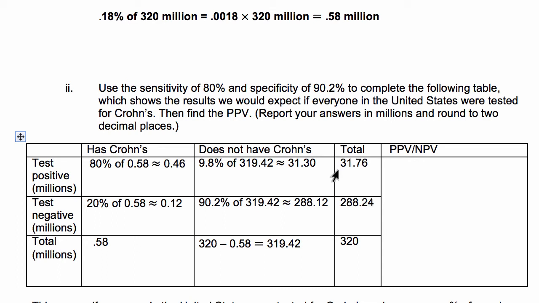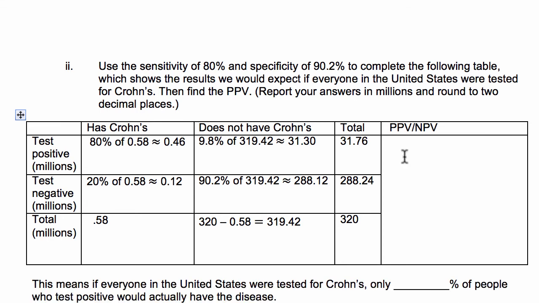Sure enough, the total number of people who tested positive is 31.76 million, while the total number of people who tested negative is 288.24 million. When we add those sums together, we get a total of 320 million. Now define the PPV and NPV of this test for the population of the United States.